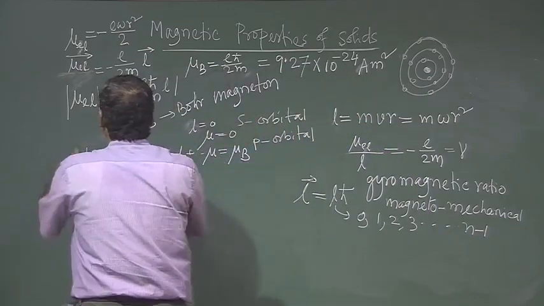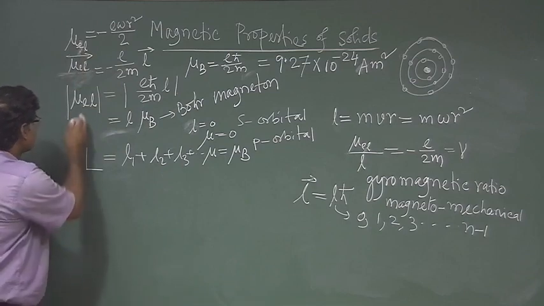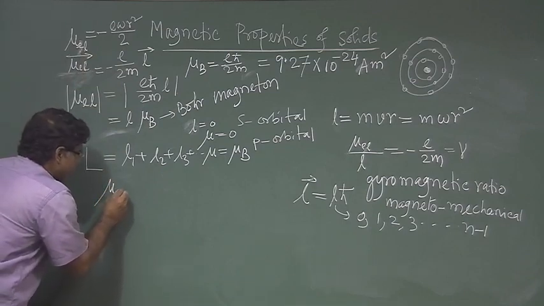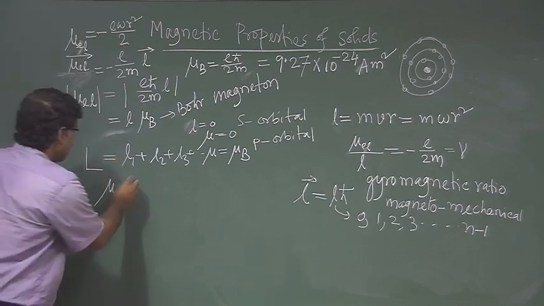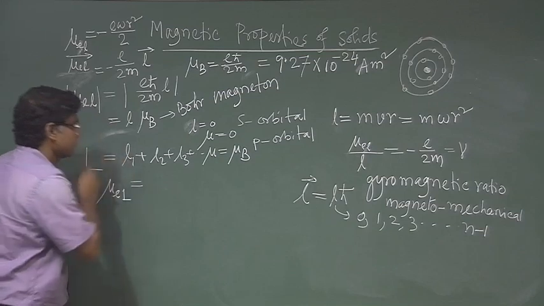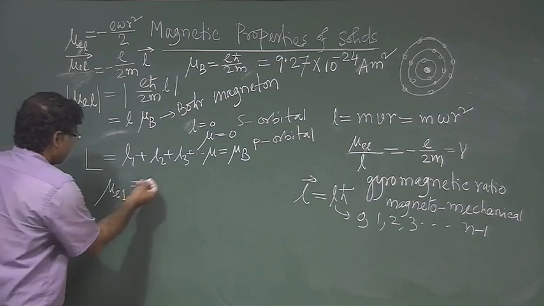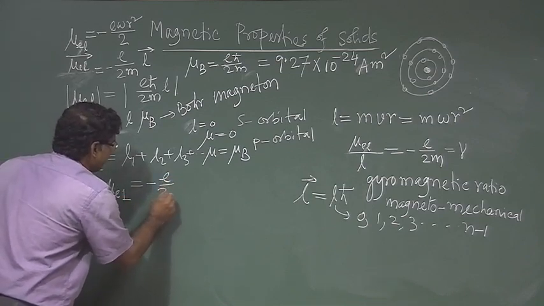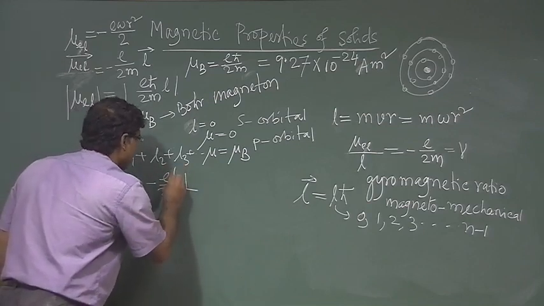So then it follows similar things. Then mu L coming from this angular momentum will be minus e by 2m, okay, L h cross. So h cross is there.